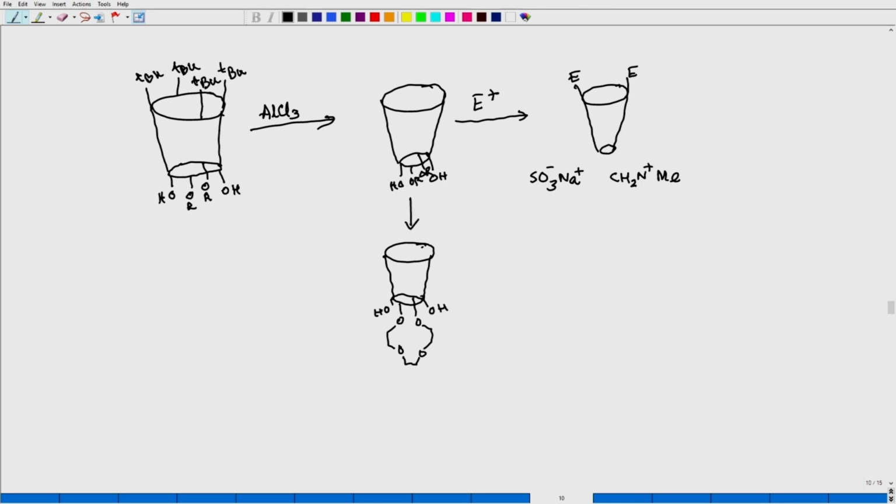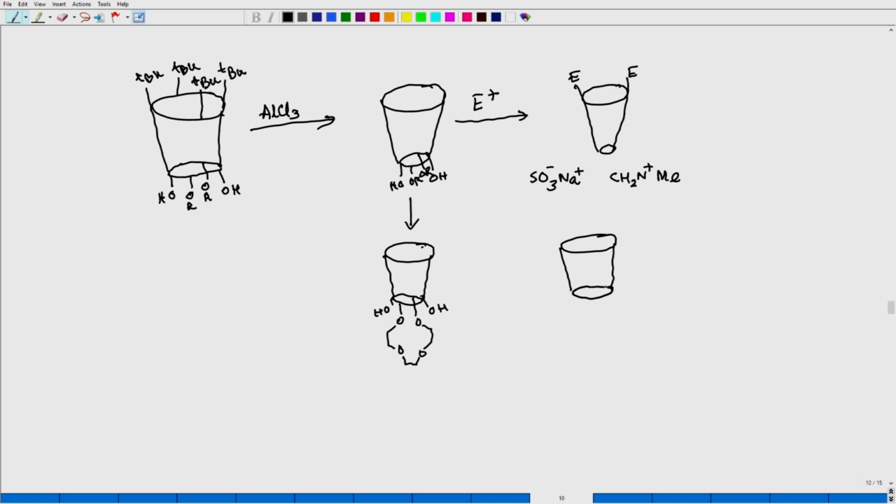A crown ether can be added. We added a cryptand. So, many things can be added.